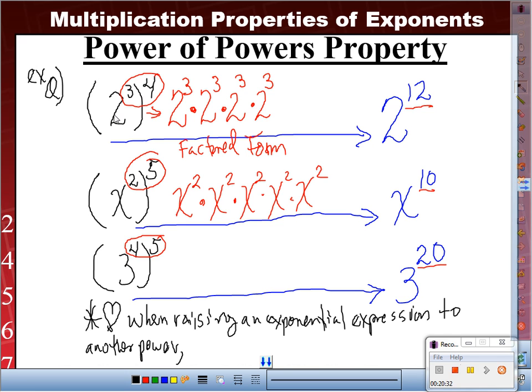Is this an exponential expression? Yes. Is it being raised to another power? Yes. Same here and same here. So what do we do?